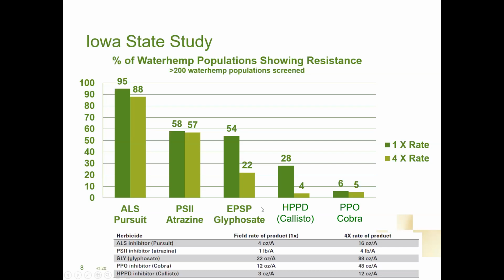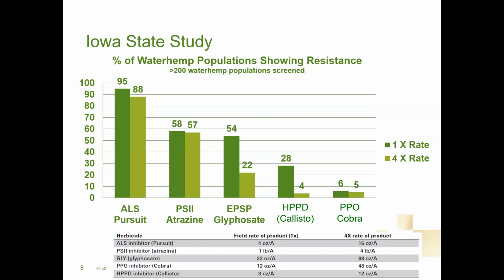We are starting to see some resistance to the HPPD inhibitors. And that does worry me because in the past, we haven't necessarily had to worry as much about corn because these HPPD inhibitors were very, very good at controlling weeds.